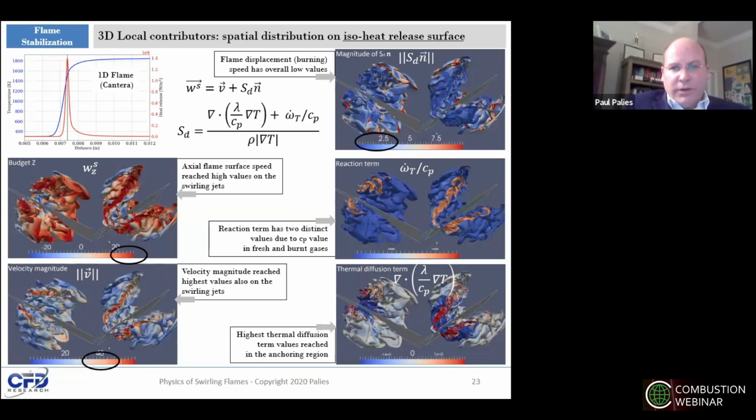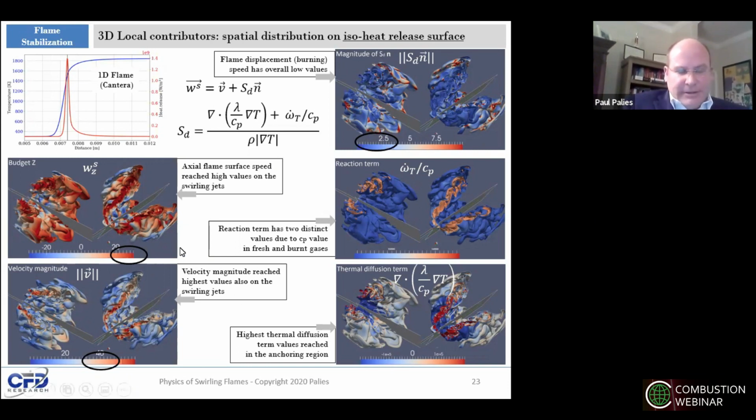For example, at the top right of this slide, you see the magnitude of SDN, which is plotted over an iso heat release surface. I also have the reacting term of the flame speed, which is plotted here, and the thermal diffusion term, which is represented on the bottom right.